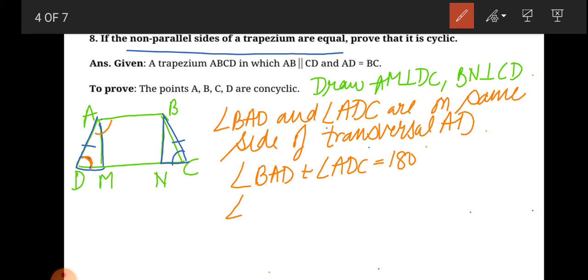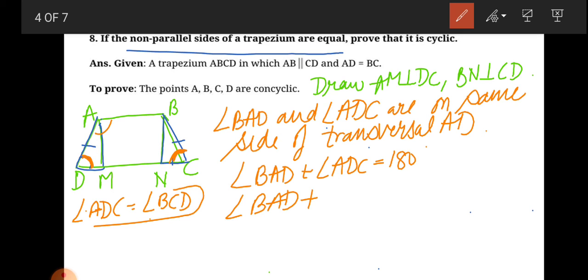So angle BAD, write as it is, plus in place of angle ADC we can write angle BCD, as we have already proved that angle ADC is equal to angle BCD, is equal to 180 degrees.